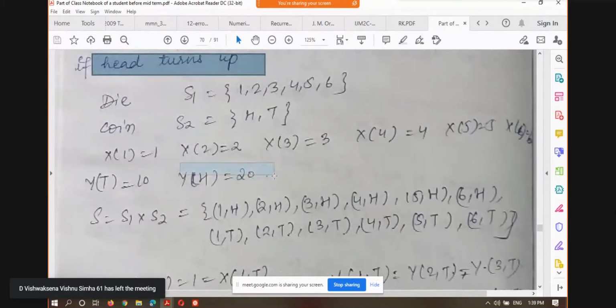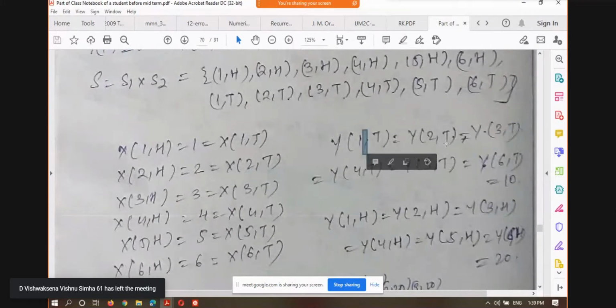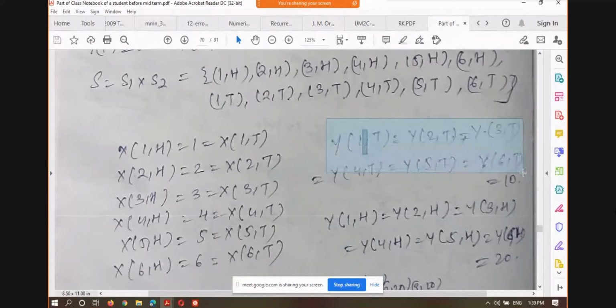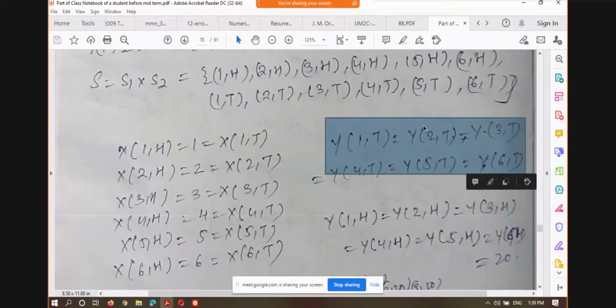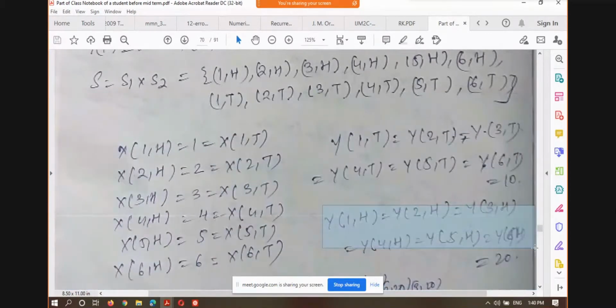So for head it takes 20, and for tail it takes 10. So 1t, 2t and all the tail points are taken to 10, and all the head sample points are taken to 20.